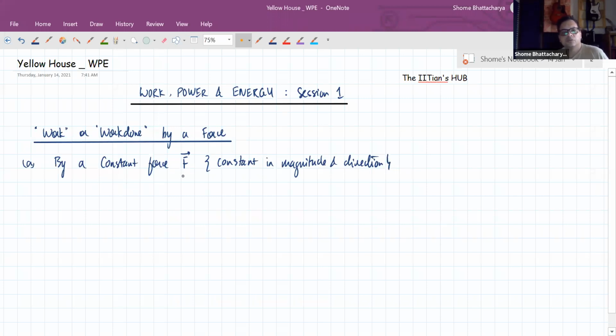So for a force which is constant in magnitude and direction, the work done is simply defined by the mathematical equation W = F dot S, or it is the scalar product of force with displacement.